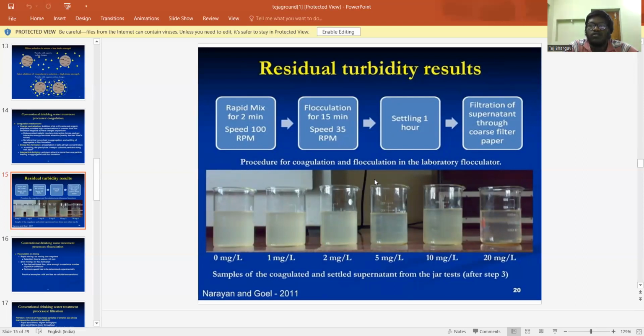Procedure for coagulation and flocculation in the laboratory flocculator: doses of 0 mg/L, 1 mg/L, 2 mg/L, 5 mg/L, 10 mg/L, 20 mg/L. Samples are taken from the coagulated and settled supernatant from the jars after step 3.